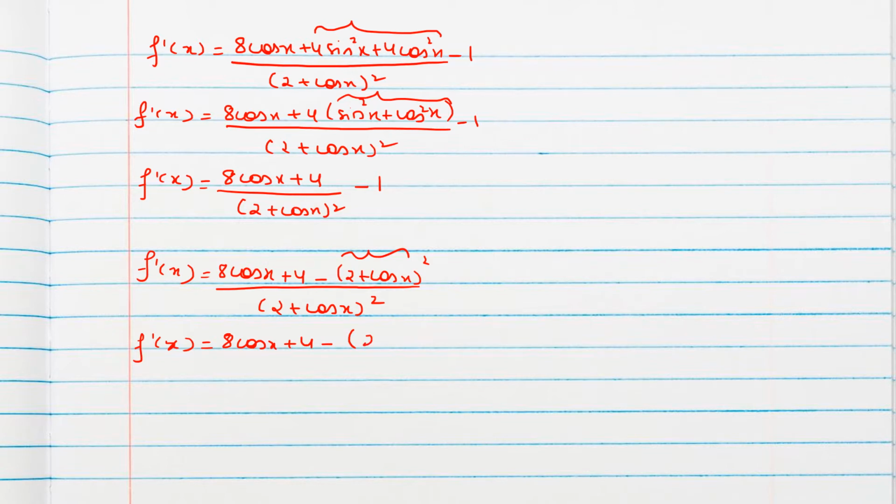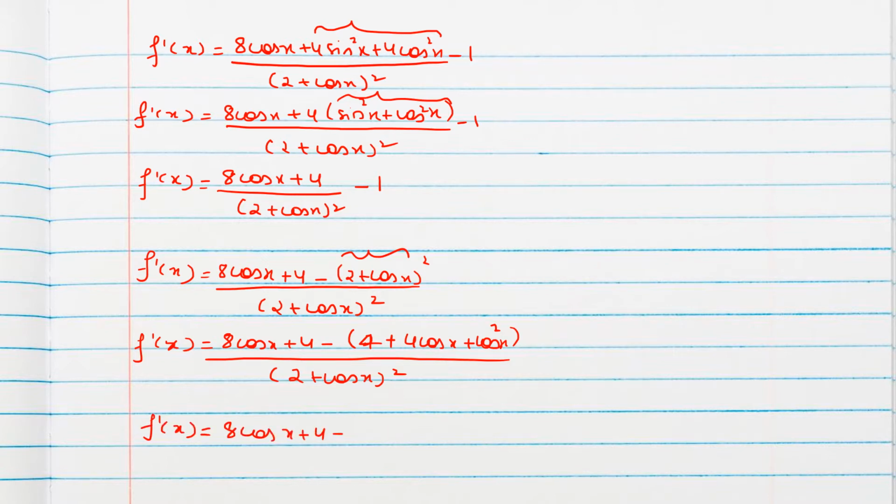2 square means 4, plus 4 cos x (that is 2ab), then cos square x, divided by (2 + cos x) whole square. So f dash of x will be 8 cos x plus 4 minus, opening the bracket, 4 minus 4 cos x minus cos square x.